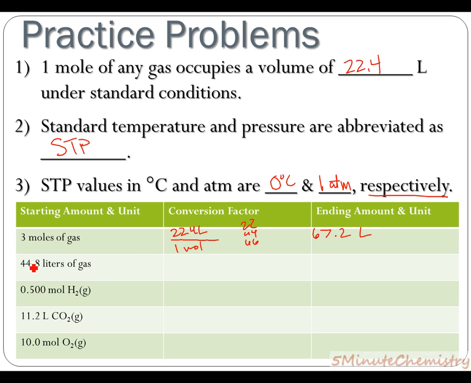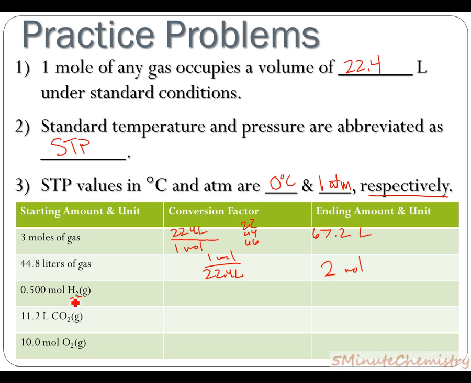Now, 44.8 liters of gas. We're beginning with liters, so our conversion factor has to have 22.4 liters on bottom, 1 mole on top. So we're going to take this number and divide it by 22.4. Luckily, 44.8 divided by 22.4 is pretty straightforward. This would be 2 moles. Now, 0.5 moles of H2 gas.